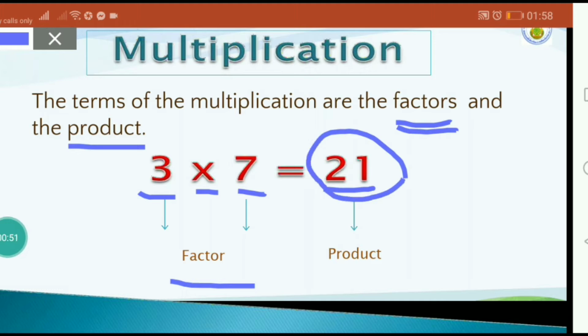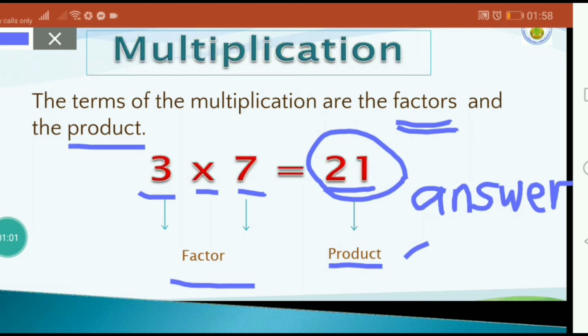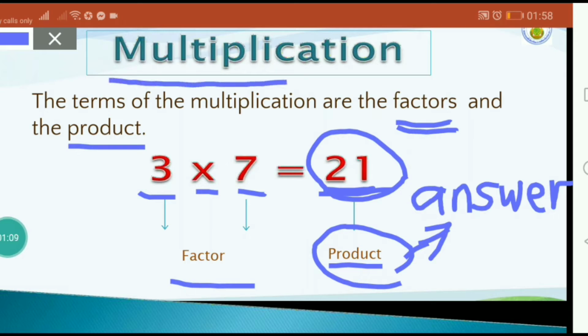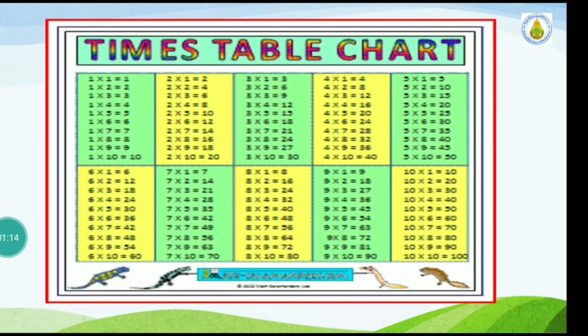And 21 is our product or the answer in a multiplication problem. Every time you learn multiplication, I hope everyone still remembers their times table chart from 2 to 10.